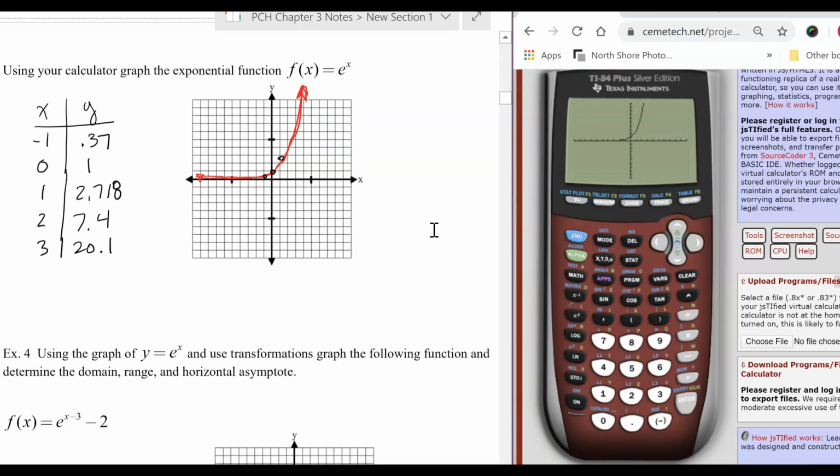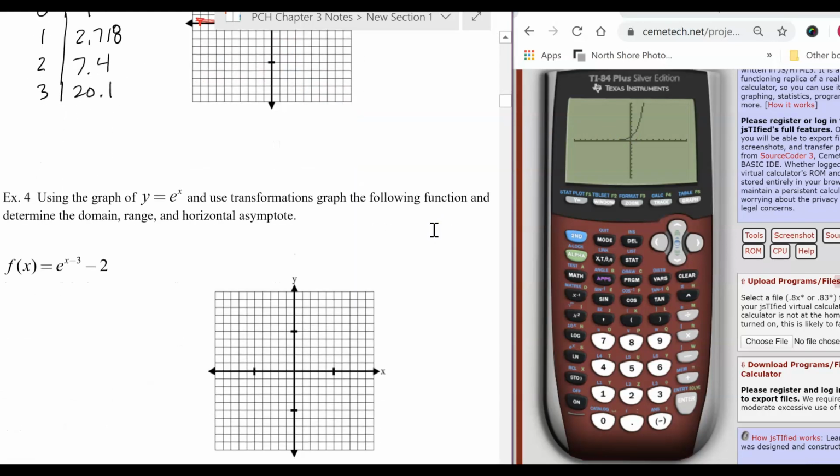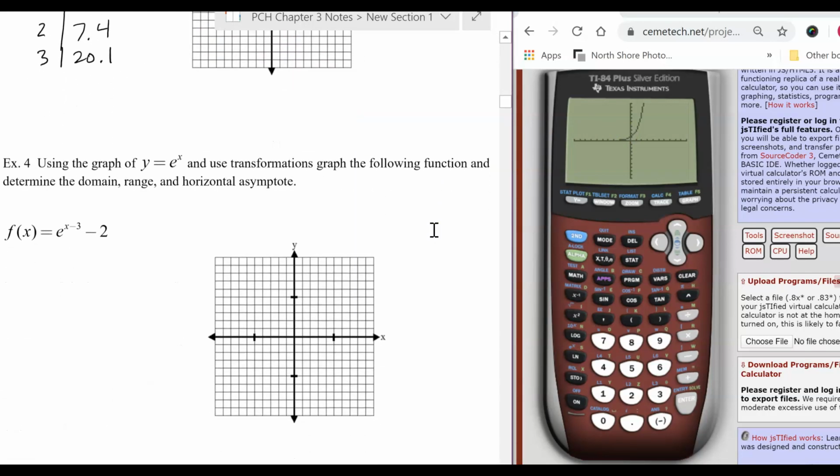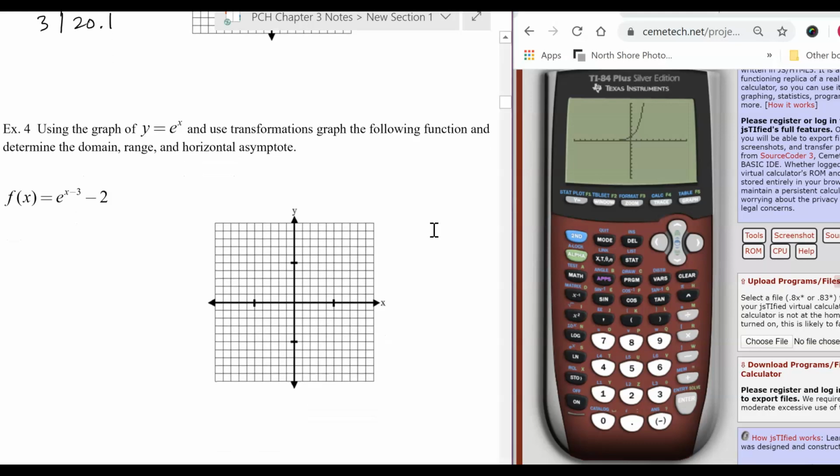Alright, so using the graph of e to the x, we're going to use transformations to graph the following function, and then we'll determine the domain and the range and the horizontal asymptote. So we can see we have e to the x minus 3 minus 2.